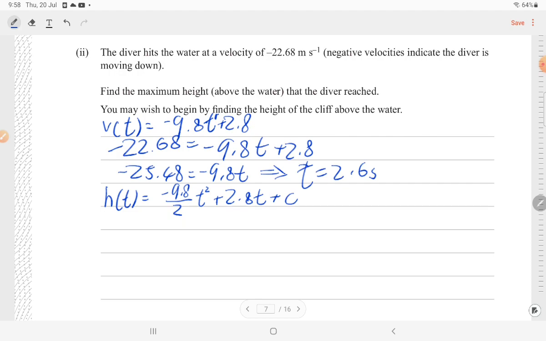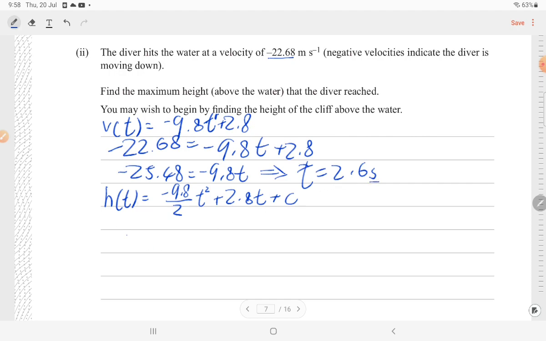So if we hit the water at a velocity of negative 22.68 meters per second, the height will be equal to 0 meters at that moment. So at 2.6 seconds we will have a height of 0.